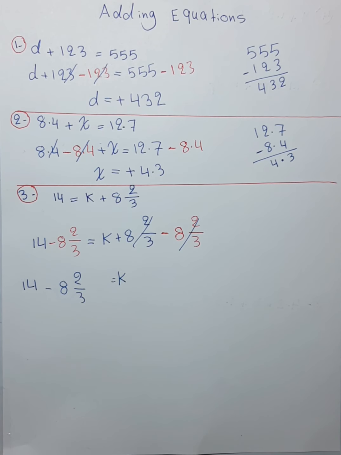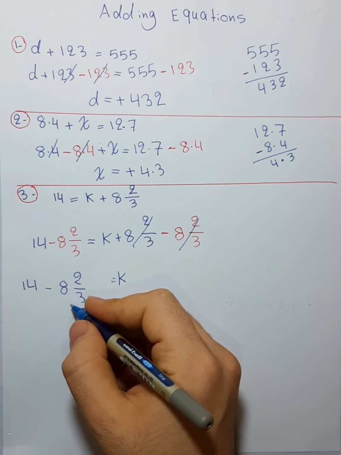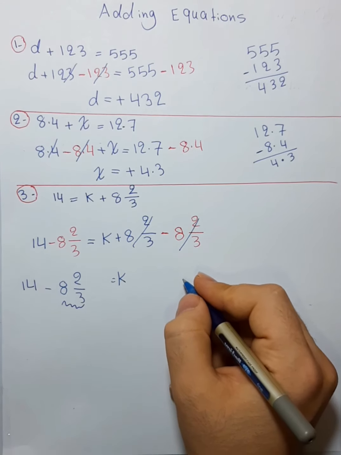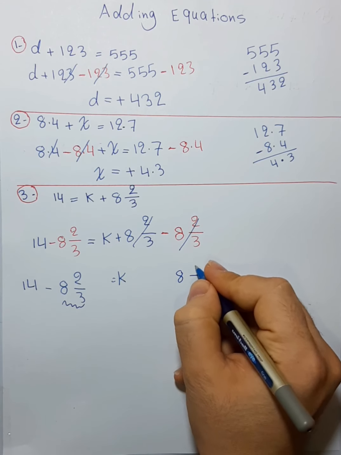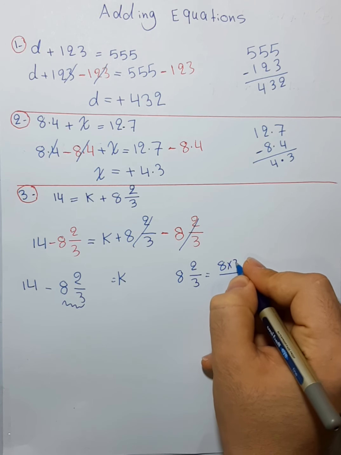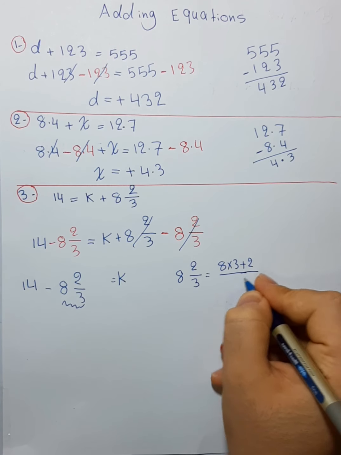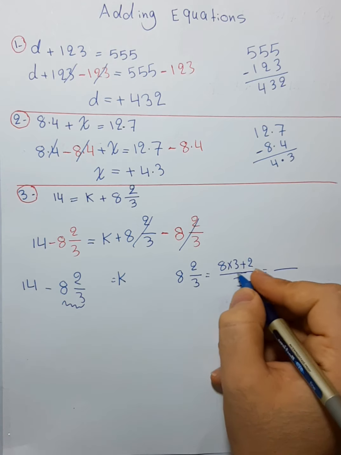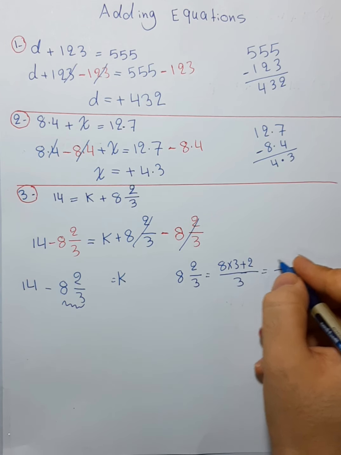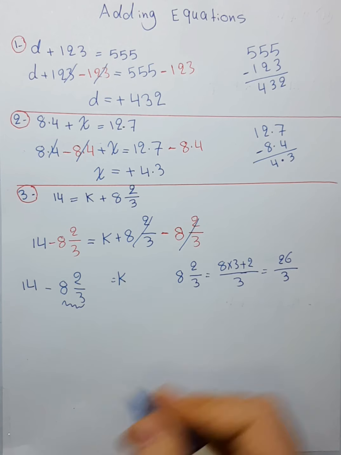First, we have to change or convert this mixed number to fraction. 8 and 2 out of 3 by this rule: 8 times 3 plus 2 out of 3. 8 times 3 equal to 24 plus 2, 26 out of 3.